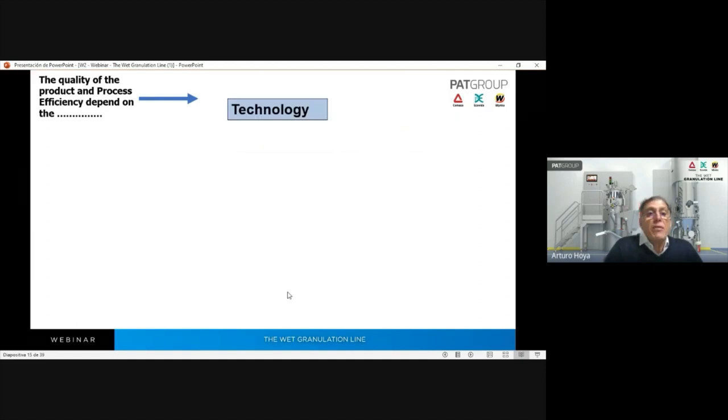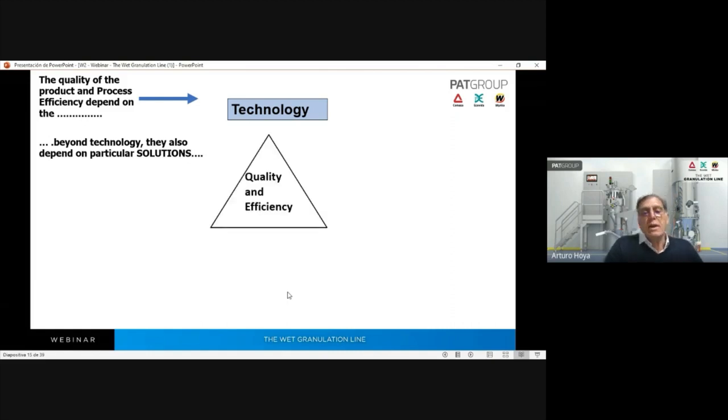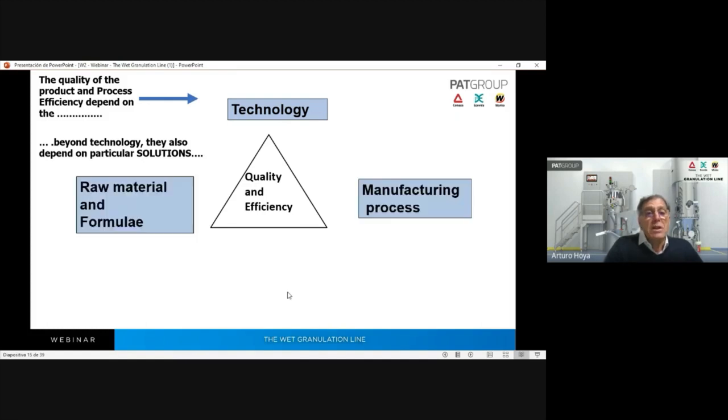The quality of the product and process efficiency depend on the technology, but beyond technology, they also depend on the particular solution. We say quality and efficiency depend on technology, raw material and formula, and the manufacturing process.